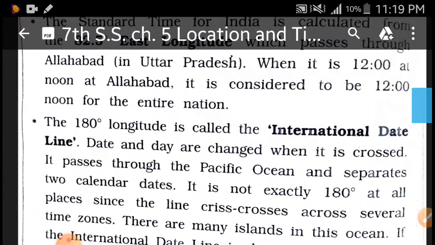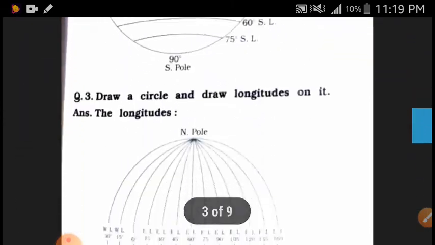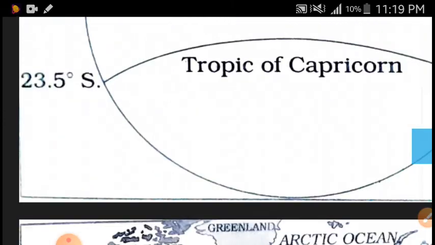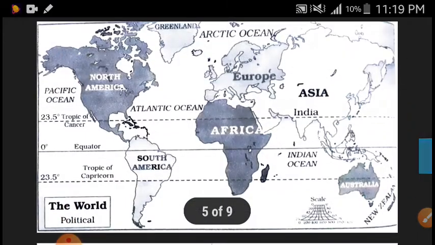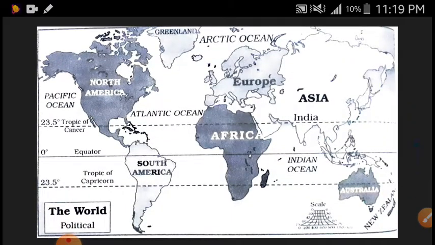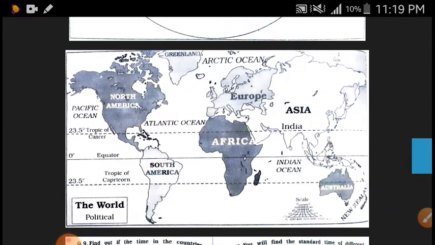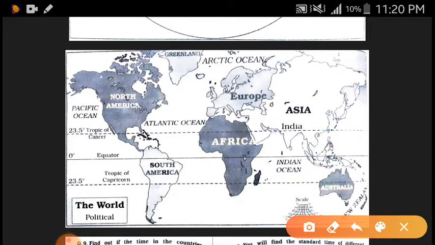Now let us understand the international date line. Here is the world's political map. In it you can see the continents: Asia, Europe, Africa, North America, South America, Australia, and a place which is covered with only water.